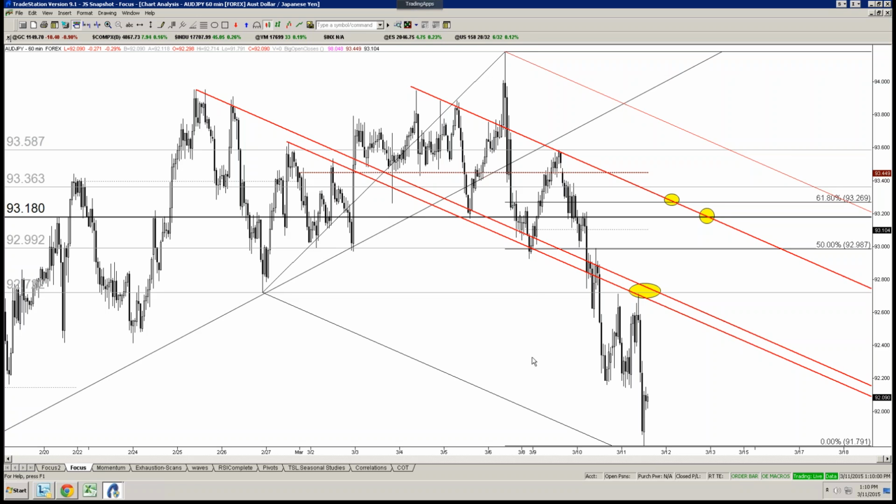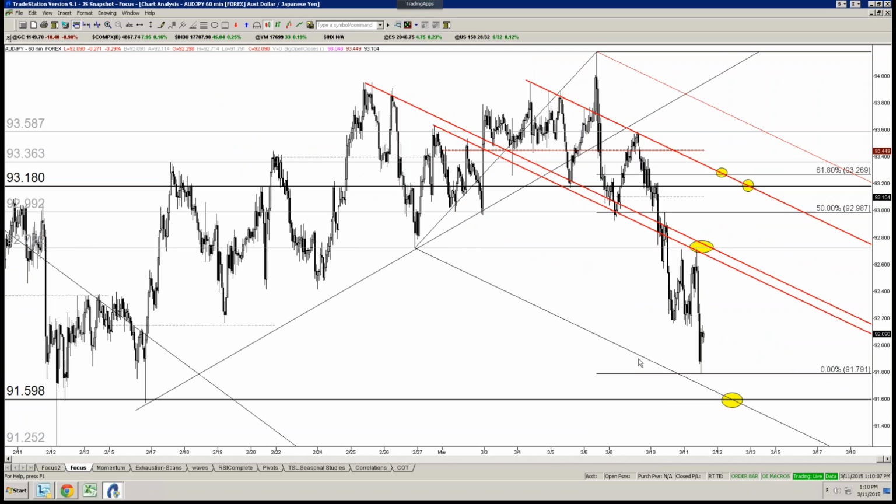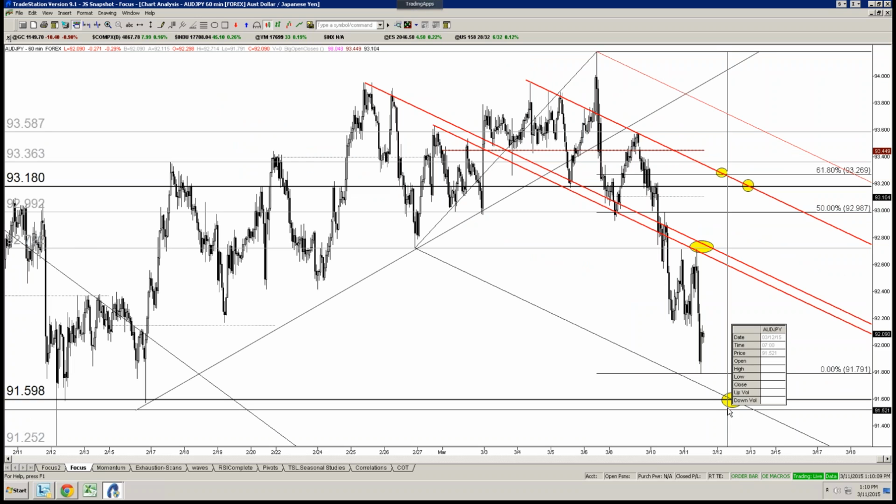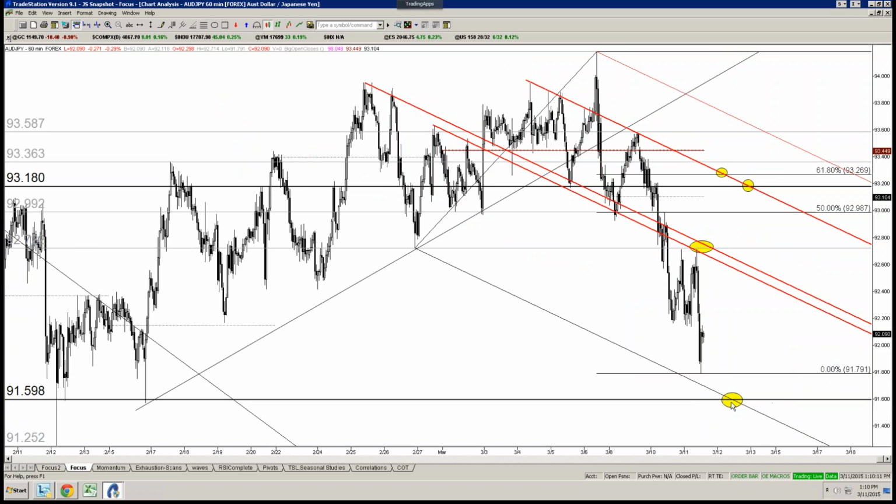So that would be Aussie yen. And look, it's possible that we've got a 5-wave drop, right? 1, 2, 3, 4, 5. Okay. Again, bigger support, lower parallel, 91.60 is right here, but respect the possibility for a rebound in second wave.